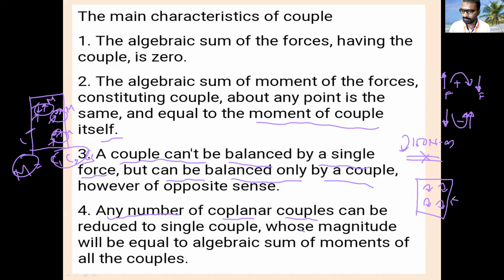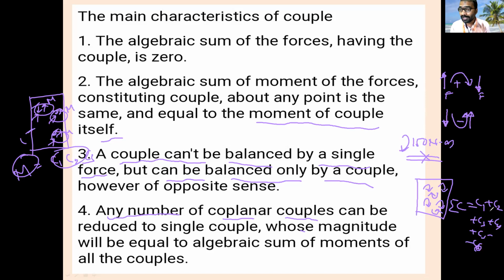So I will take the algebraic sum of couples. Here it is clockwise, so I will take C1, plus C2, plus C3, plus C4. I will take one more: is it clockwise or anti-clockwise? Clockwise, so plus C5. I will take one more, that is minus C6.